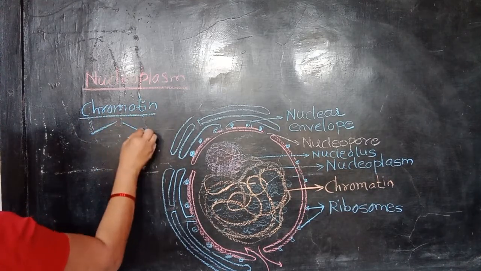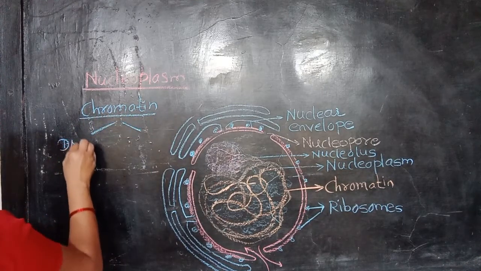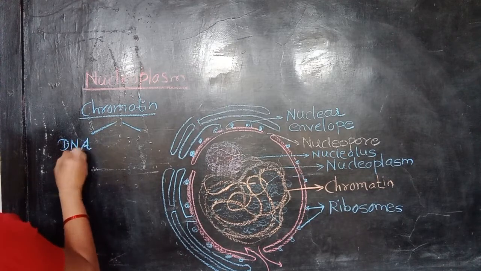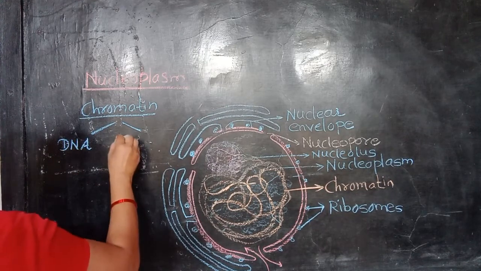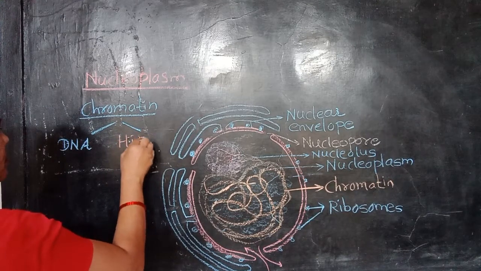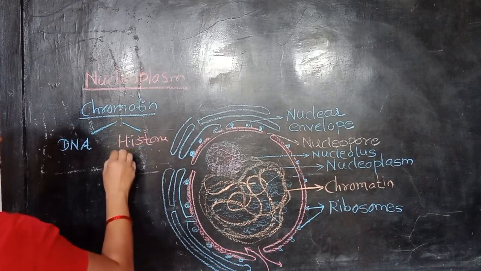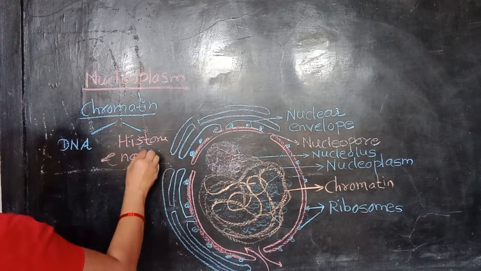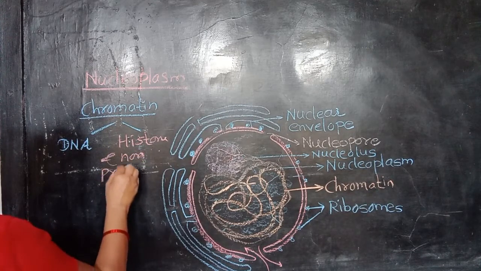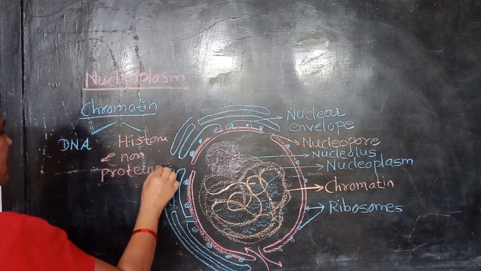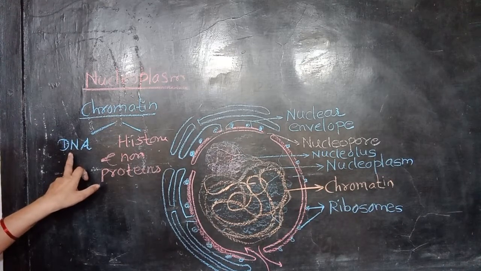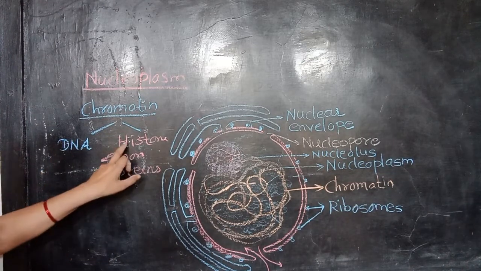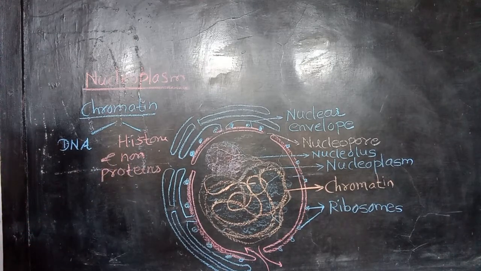Chromatin is made up of DNA, that is deoxyribonucleic acid, and histone and non-histone proteins.